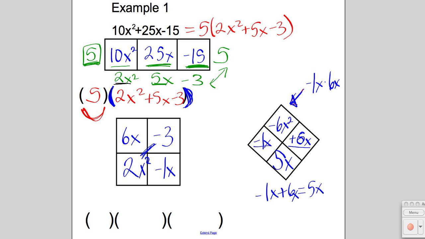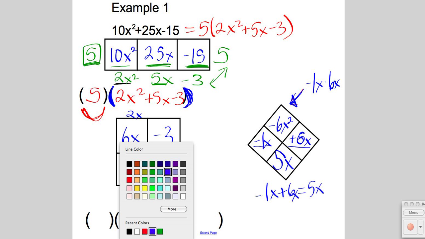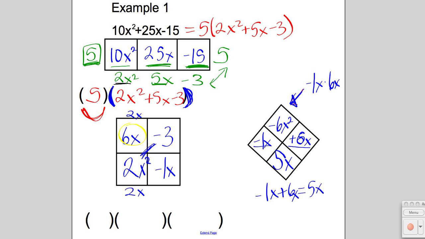And now I work on the outsides in order to factor this expression. On the outsides, 2x squared, the only way to get that is 2x and x. I'm going to put the 2x down here because it affects the 6x up here. By doing this 2x here, it allows me to get 6x. If I did it here, it would not work. So that's why that one has to be 1x. Now 1x times negative 1 gives me negative 1x.